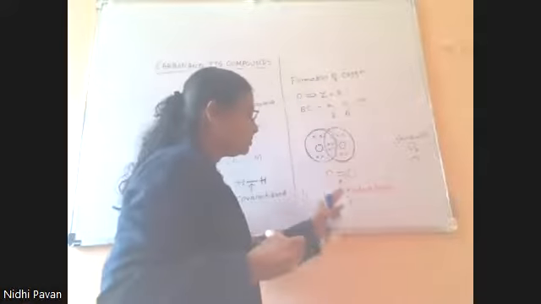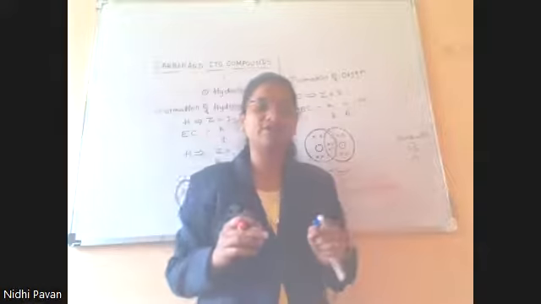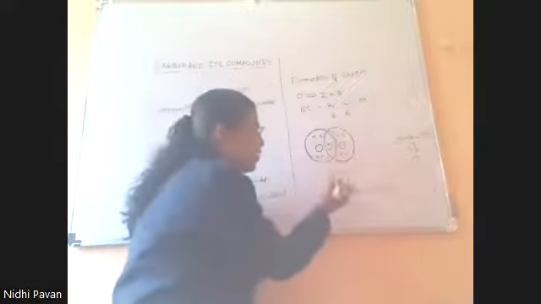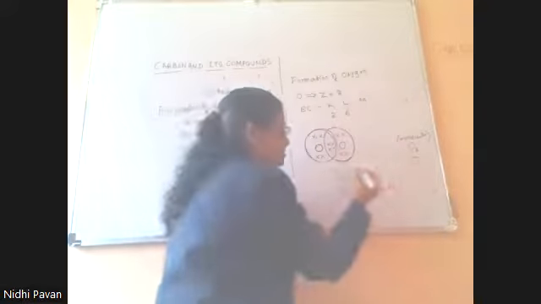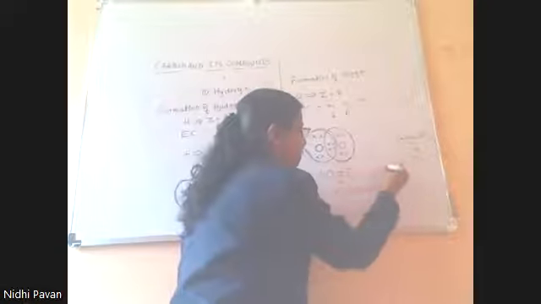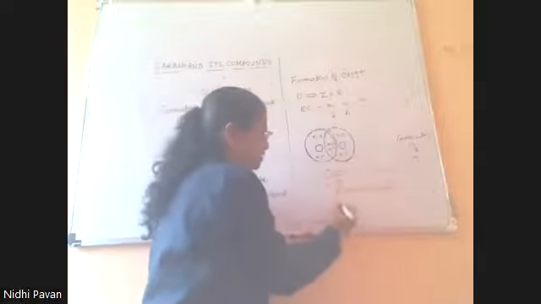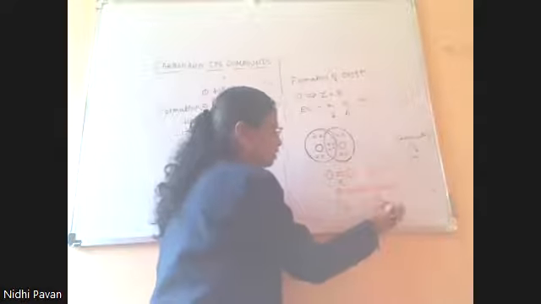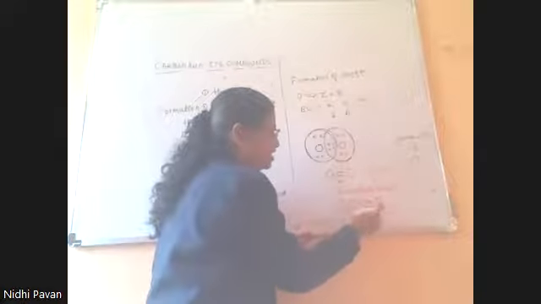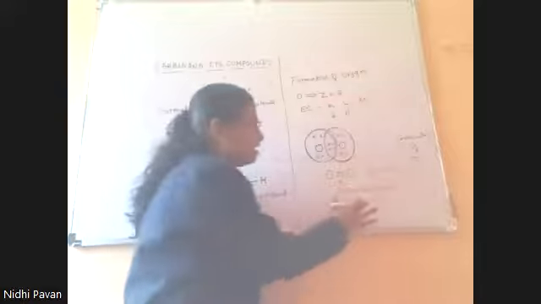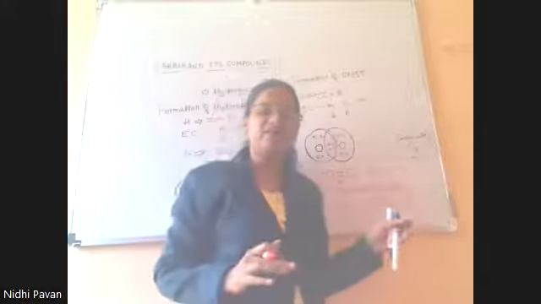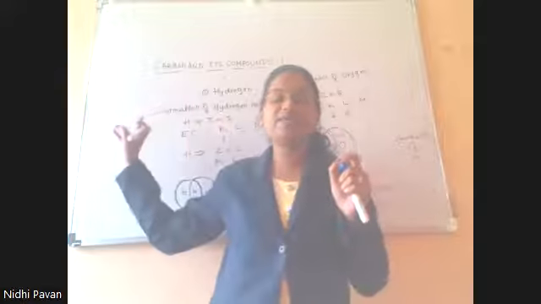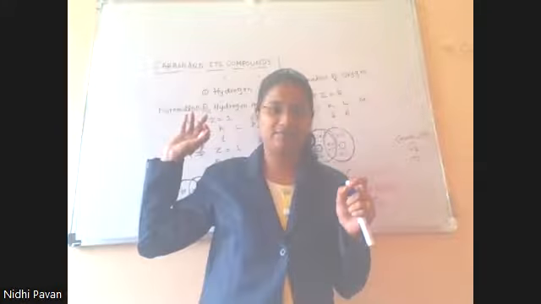The covalent bonds between the atoms will be strong. But this is one oxygen molecule, this is one O2, and the bond between these two molecules will be very weak. That is why they have very low melting and boiling points.